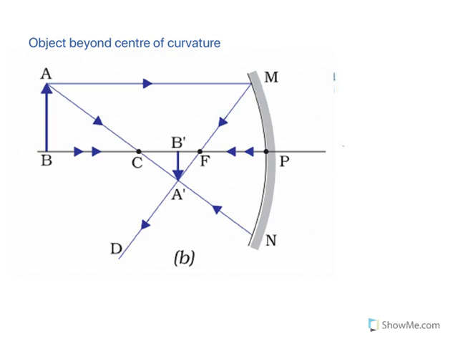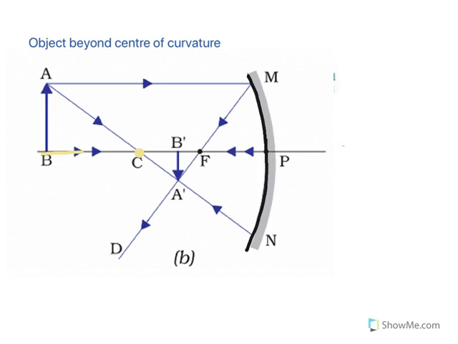Now for the object beyond center of curvature, first you need to keep your compass at C, and with a convenient radius you draw the mirror. After you've drawn the mirror, you draw the principal axis.